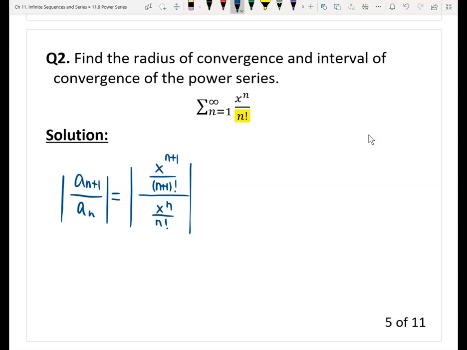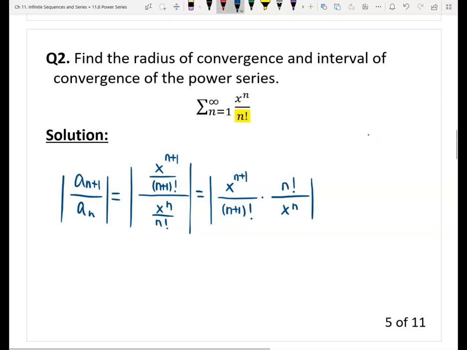Okay, now we simplify. This is a fraction, so I can do the flip, right? So the top divided by the denominator is times the flip. Flip the factorial of n here, with x raised to the nth power.